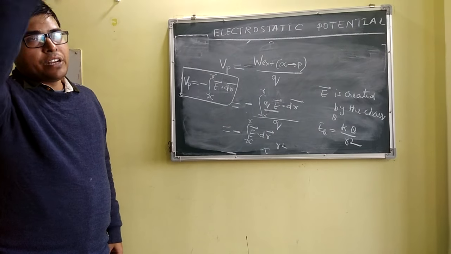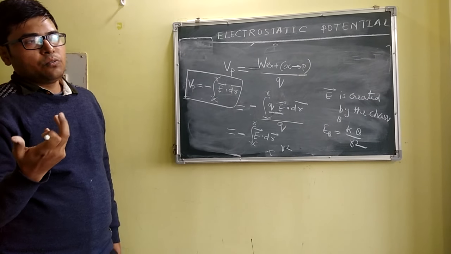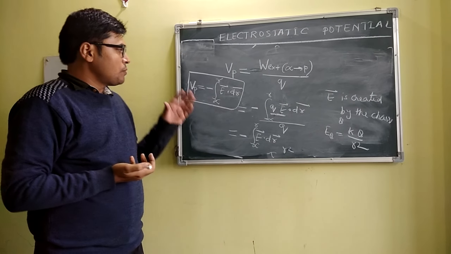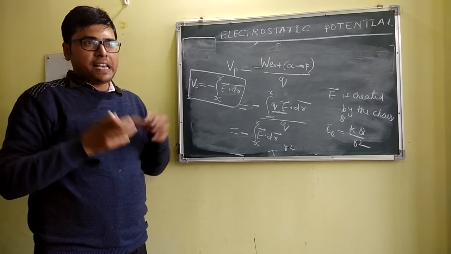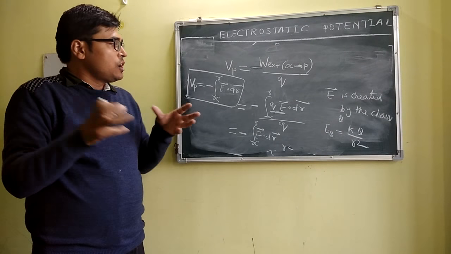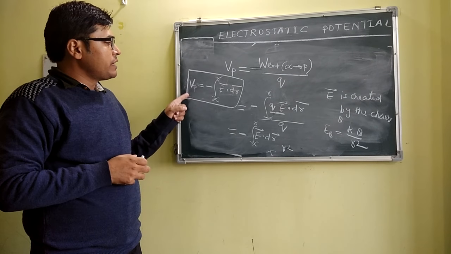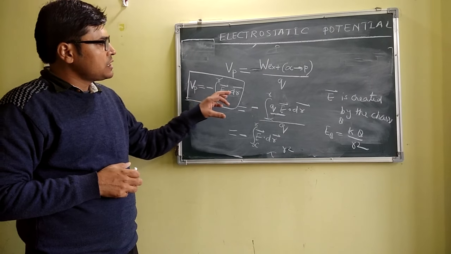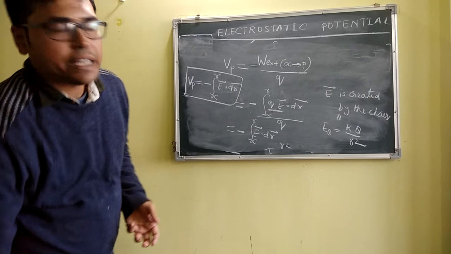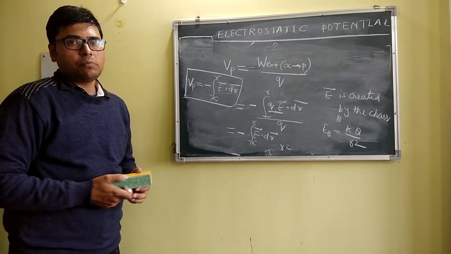So potential at any point in the electrostatic field where it has some influence would be given by this equation: Vp is equal to minus integral of E dot dr. Similarly, we can calculate potential difference also between two points.